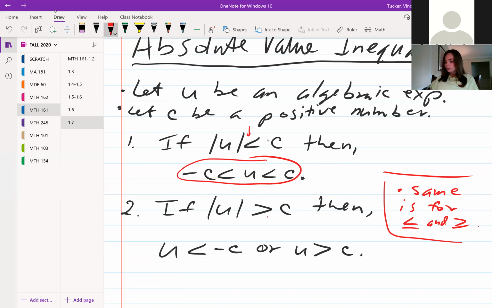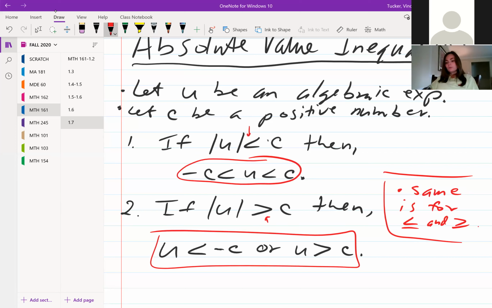If you see the greater than symbol, you can set up your solving this way. So it's all about what symbol you actually see initially. And the same thing holds true if you had the or equal to symbol there.